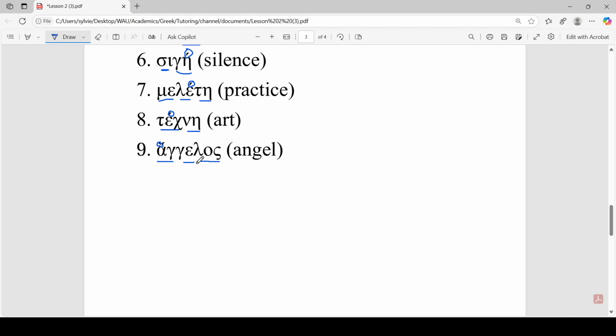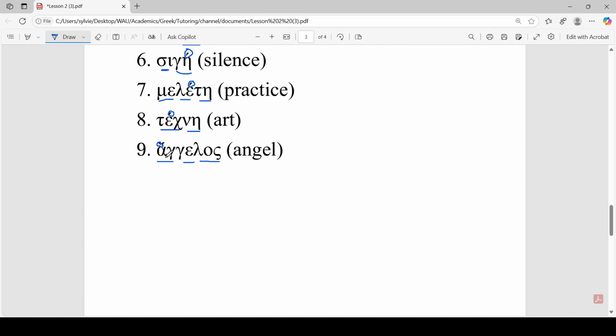So the right pronunciation will be, let's pronounce each syllable separately first. Angelos. Remember that the double gamma, when doubled, the gamma is pronounced like an N and a G. So it's gonna be angelos. It's like an N here.